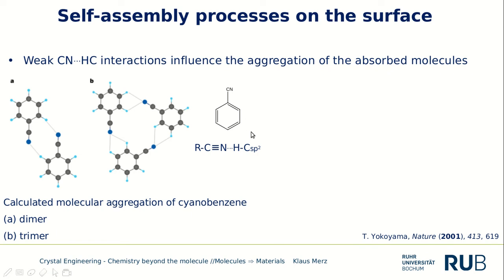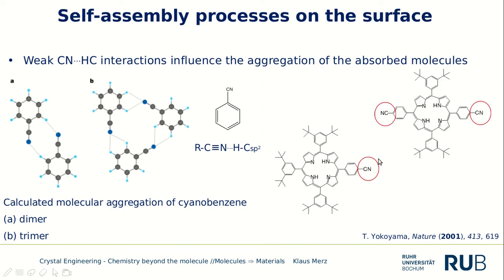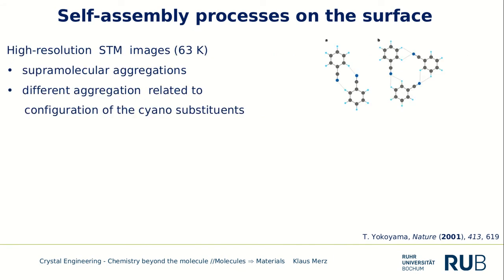Well, this is benzonitrile in exactly this contribution in Nature, a top ranking journal. In this contribution they use a little bit bigger molecule, but well, focus here on the cyano substituents, and here one cyano substituent, in this case two cyano substituents. Well, and they analyze their results by high resolution STM images.